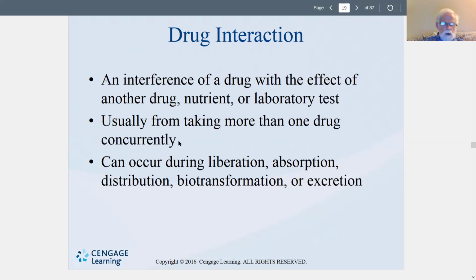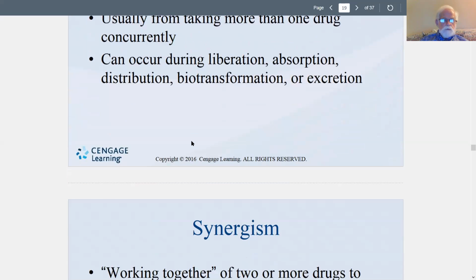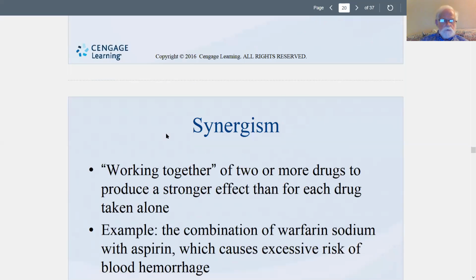Usually these come from taking more than one drug concurrently. But it can happen with taking only one drug and then eating a food that causes it. And it can occur anytime during the pharmacokinetic profile.